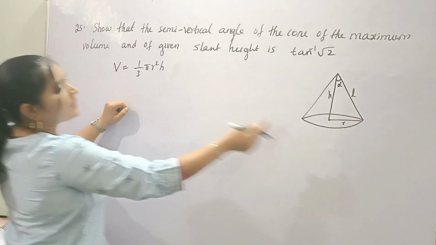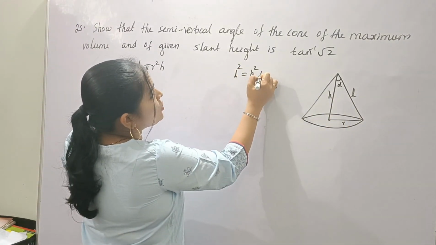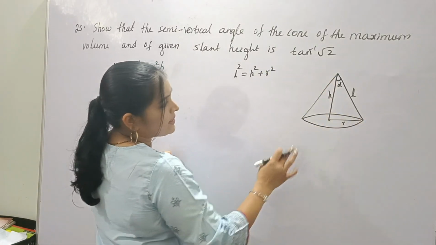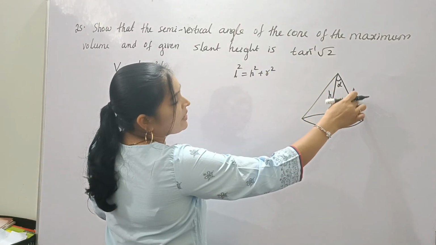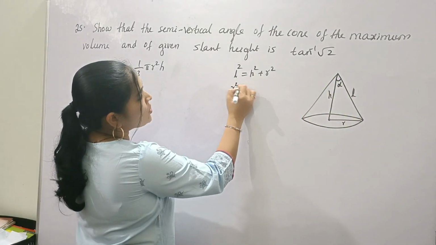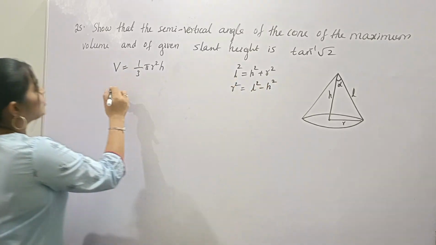See, we know that L square is equal to h square plus r square by Pythagoras theorem. Since it is a right angle triangle, by this figure we can write L square is equal to h square plus r square. Okay, so what is r square? R square is equal to L square minus h square. Let's substitute here.